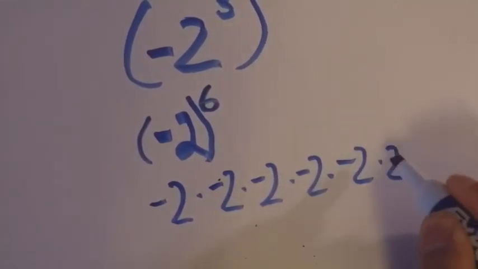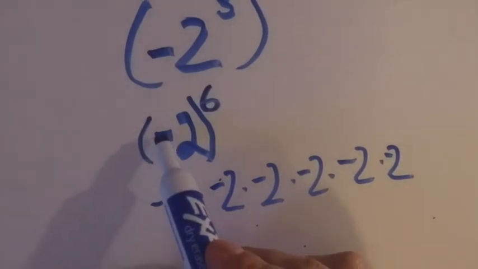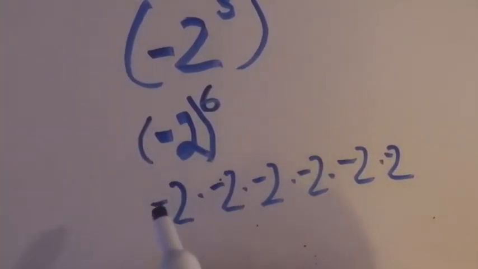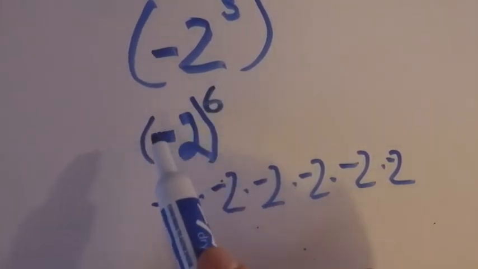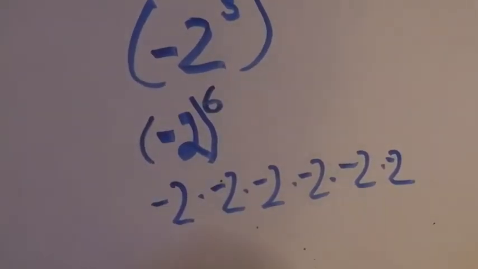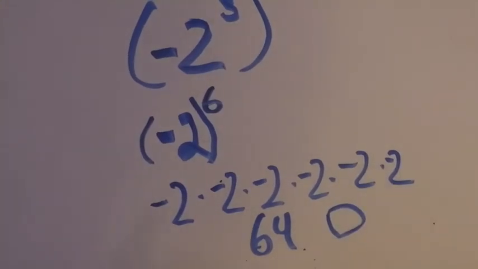If you do not put that negative inside of the parentheses there into your calculator, it will just do 2 to the 6th power and then multiply it by negative 1. But if you do put it inside the parentheses here, you'll see that this works out to be 64, which is choice D, positive 64.